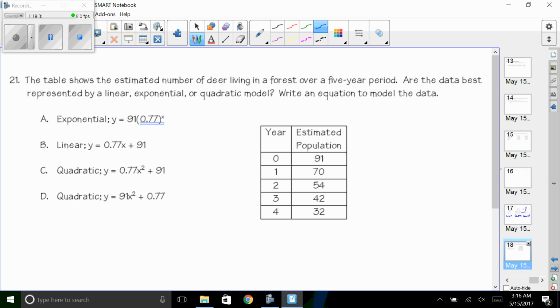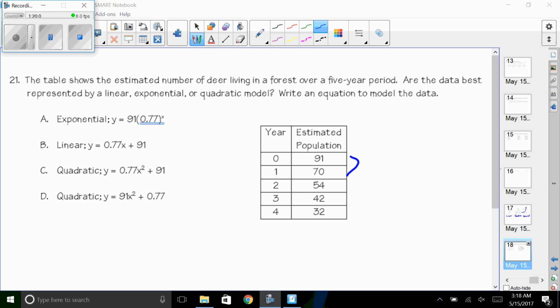Alright, number 21. The table shows the estimated number of deer living in the forest over a 5-year period. Are the data best represented by a linear, exponential, or quadratic model? Write the equation for the model. Well, we have multiple choice here.